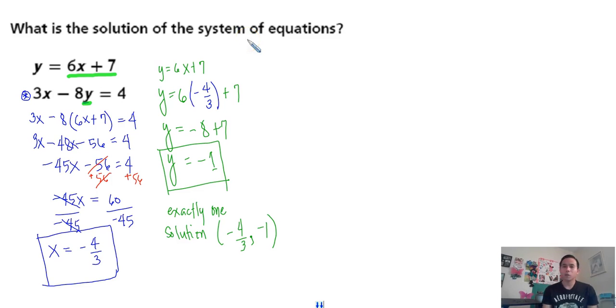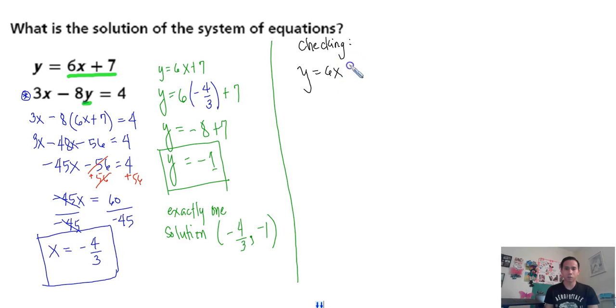We can check our answer to see if it is correct. I encourage you to always check your answer. For the checking part, I'll be using black ink here. You have y is equal to 6x plus 7 and the other equation, 3x minus 8y is equal to 4.